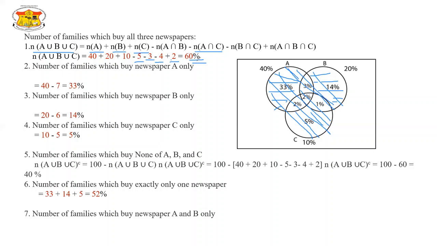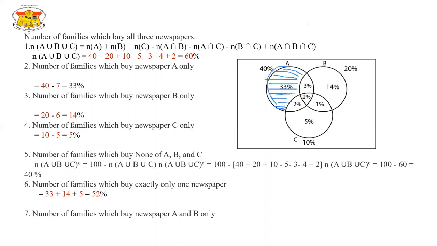So second question, number of families which buy newspaper A only. A only means we have to find out this part. So this part contains 33%.